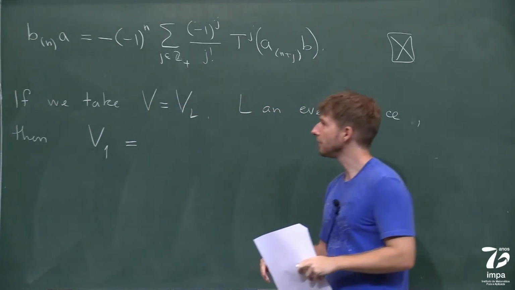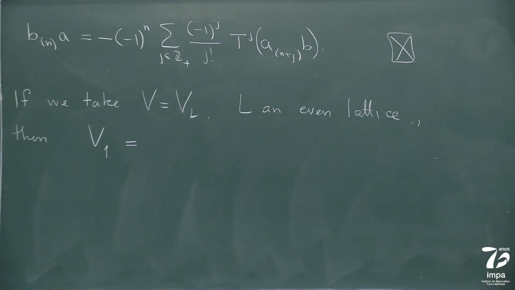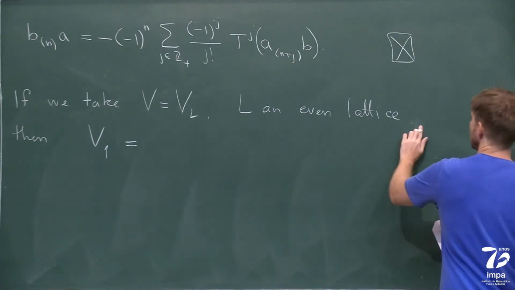So what happens if we apply this construction to a lattice vertex algebra? So let me say, L is even.